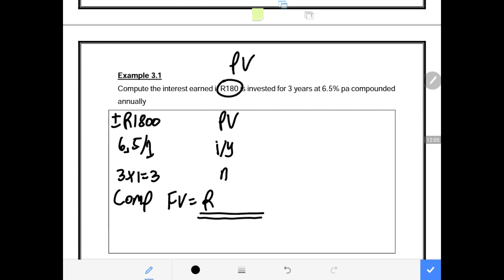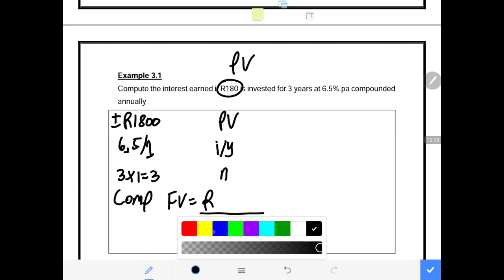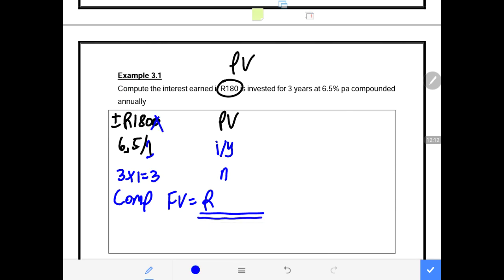Then after that we say plus minus 180, not 1800, plus minus 180. Then we say PV. Then we say 6.5 divided by 1. Remember, 1 is m, being the frequency. How many times is the interest compounded in a year? It is once, because it's compounded annually.